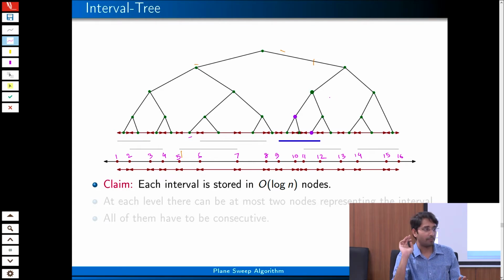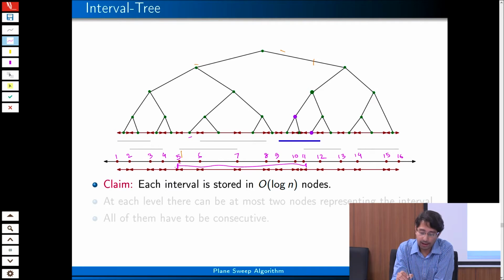No. Let's try to insert one interval together. The only information I know is that the endpoints have to be among the 16 points. You choose one interval. 5 to 11. Okay. This is the interval you have chosen.